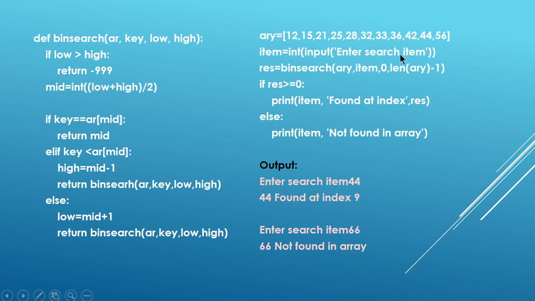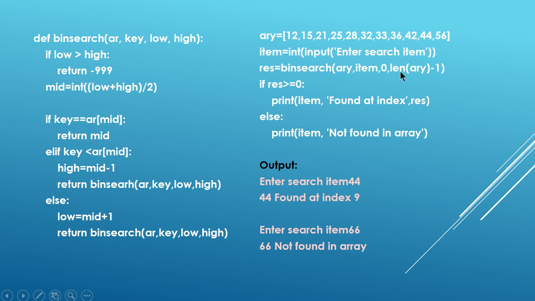So you read the item and then result is equal to binary search of array comma item comma 0. At the beginning you have to give the beginning value as 0 and the end value is the length of the list minus 1, right? The last index is present at the length minus 1th index.